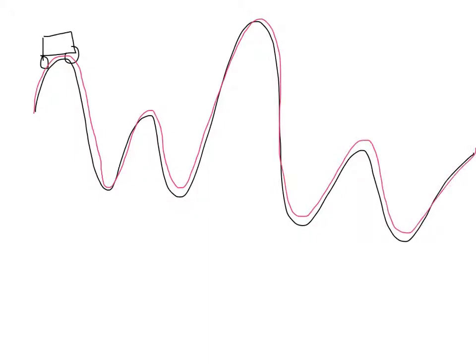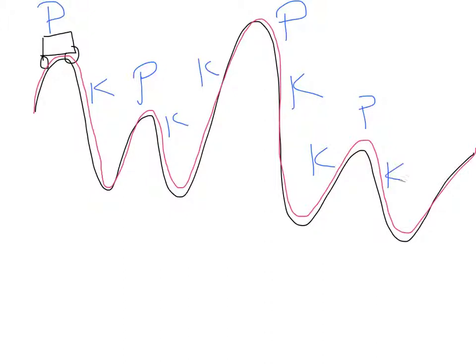It will be having potential energy and kinetic energy at different times. So I'm going to use P as potential and K as kinetic. When it is up really high, it will have potential energy. When it is falling to the bottom, it will have kinetic energy. Then potential energy, when it is falling, kinetic energy, potential, kinetic, potential, kinetic.